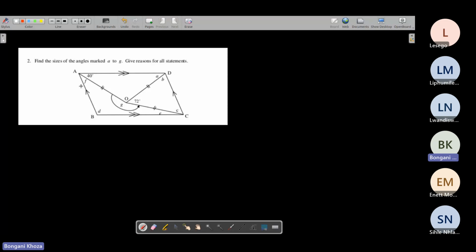We have opposite sides that are parallel, and it's slanted, and this side is not equal to that one. So which shape is that? Parallelogram. All right, so we can conclude it's a parallelogram.